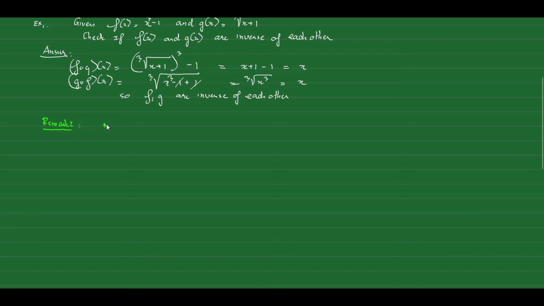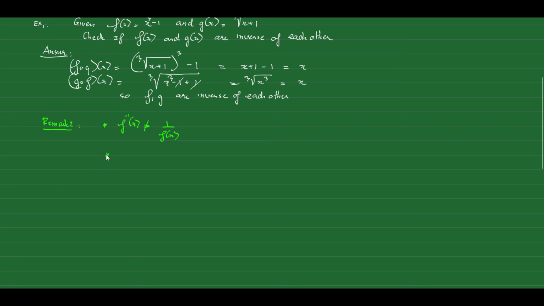The first remark I want you to notice is that f inverse of x is not the same as 1 over f of x. The minus 1 here doesn't mean a negative exponent where you flip it. No, it doesn't mean that.